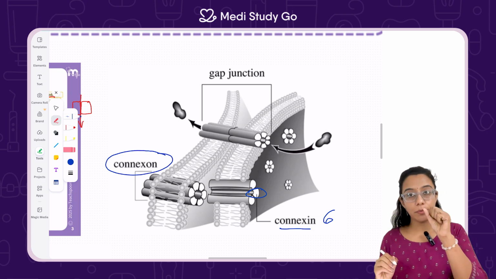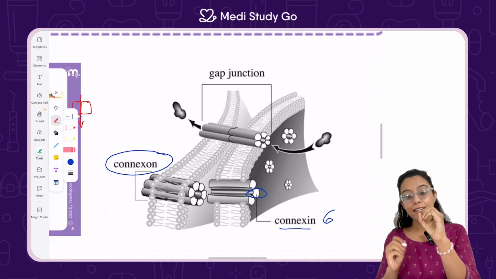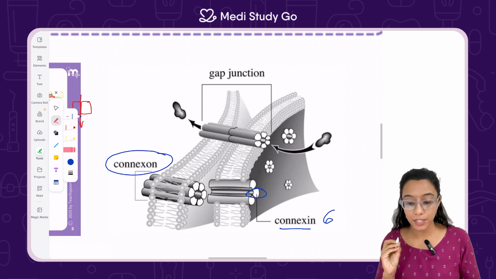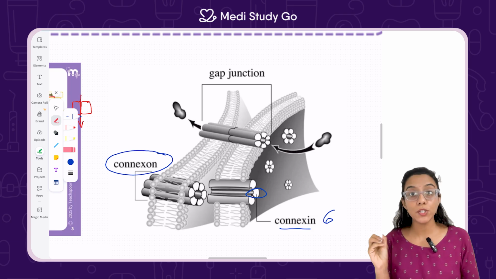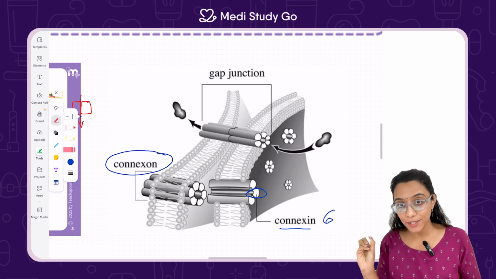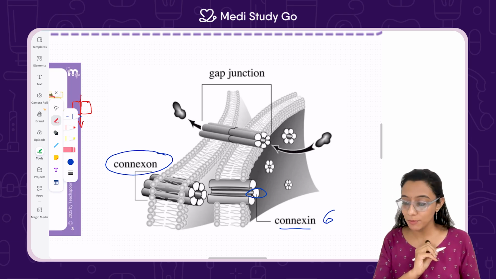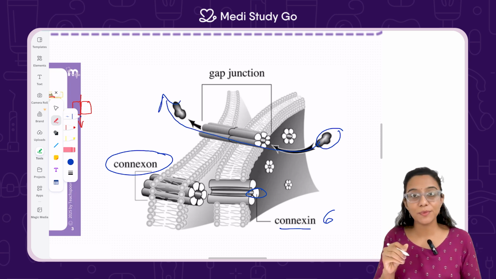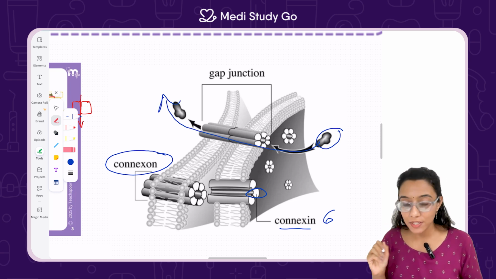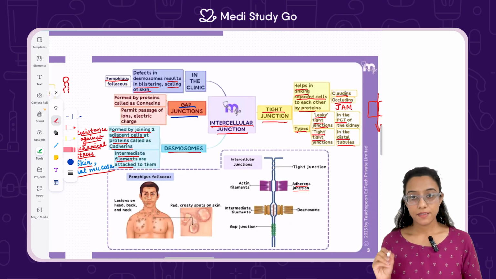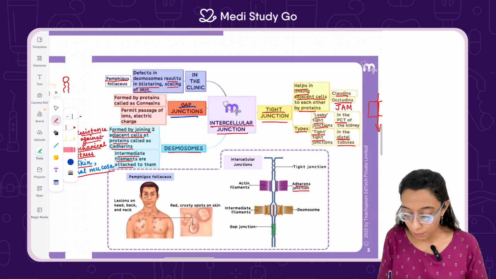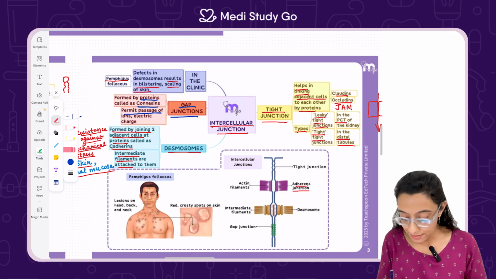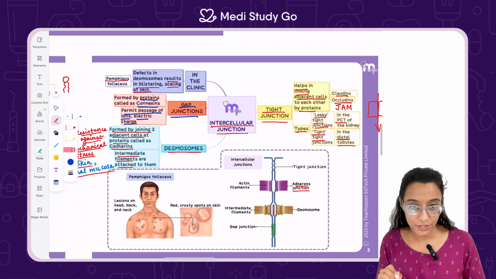Now in between these connexons, there is a space which allows for direct transfer of small molecules to pass between two cells, from the cytoplasm of one cell to the cytoplasm of another cell. As you can see here, this molecule can pass through without any obstruction to the adjacent cell. This is known as the gap junction, which is formed by proteins called connexins, and they permit passage of ions and electrical charge.